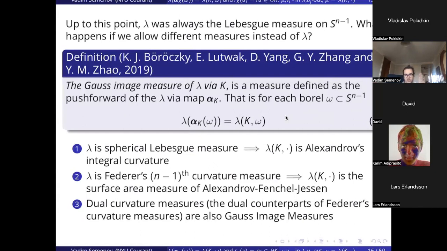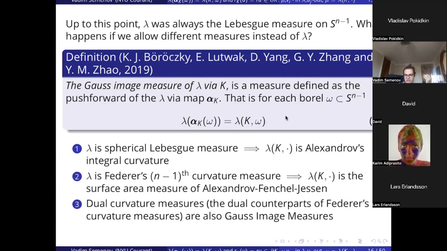You still have this alpha k, and you pick some lambda, then you call the pullback the Gauss image measure of lambda via k. And this is not a question out of the blue. We have Aleksandrov integral curvature, we have the Aleksandrov-Fenchel-Jessen measure, we have dual curvature measures. There are quite a lot of objects in convex geometry which occur through this process.